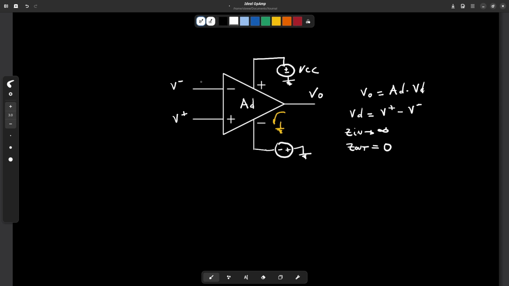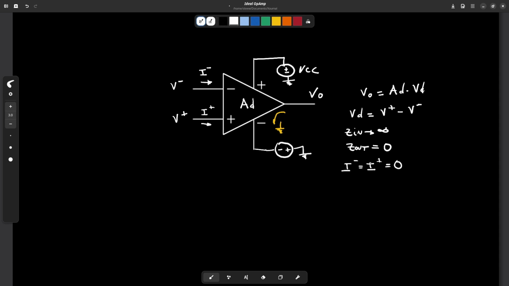And the currents into the terminals, which we are going to name I minus and I plus, equal 0 in an ideal amplifier, as we are saying.